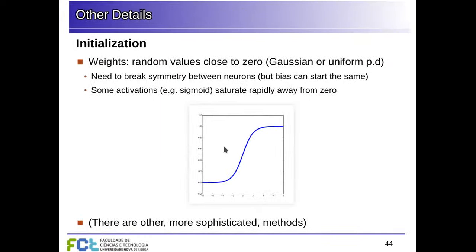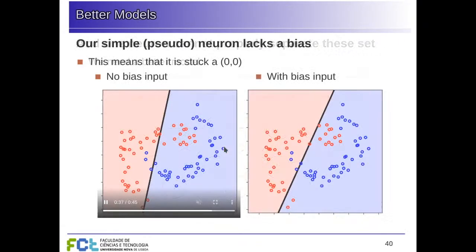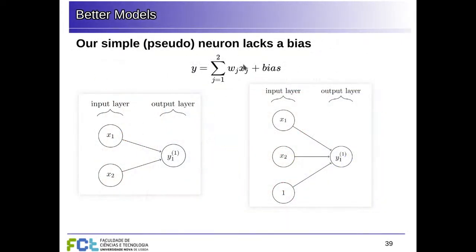Okay, some things that are important here. We need to initialize our network with some random values, because we need to break symmetry between the neurons. Note that we use these activations to compute the derivatives and use those derivatives to update the weights.